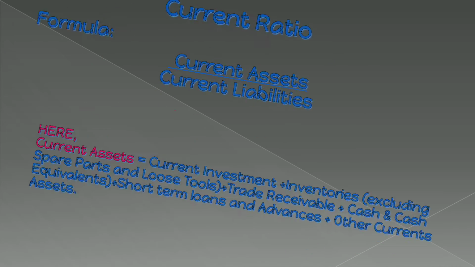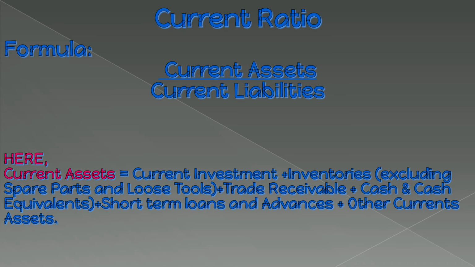No, no, come to the next. First is current ratio. The current ratio formula, here you can see the formula, is current assets by current liabilities. What is the formula of current ratio?